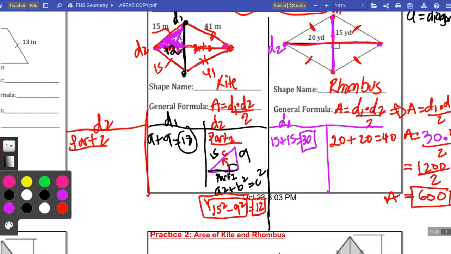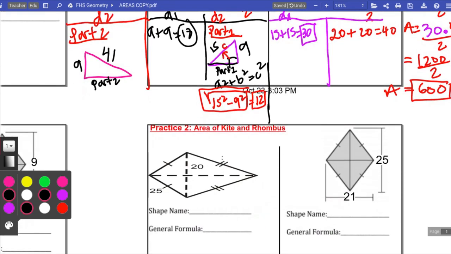I'm going to use this triangle and redraw it right here. In that triangle, the 9 came from the triangle and the 41 came from the triangle. And I'm trying to find this one right here, part 2.